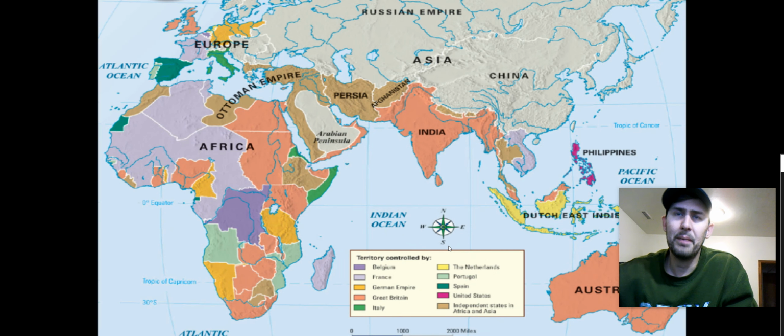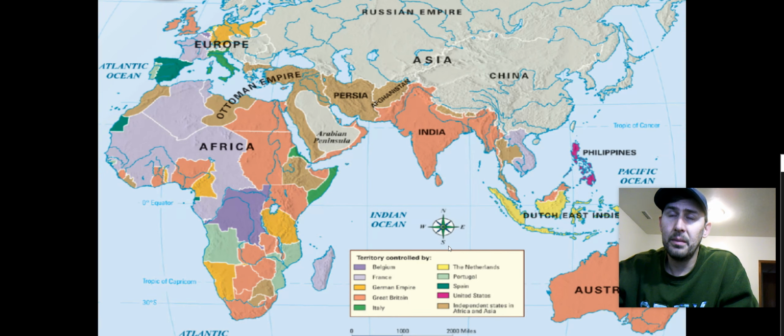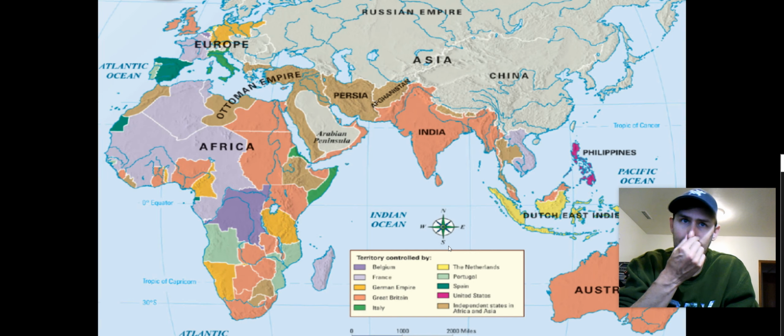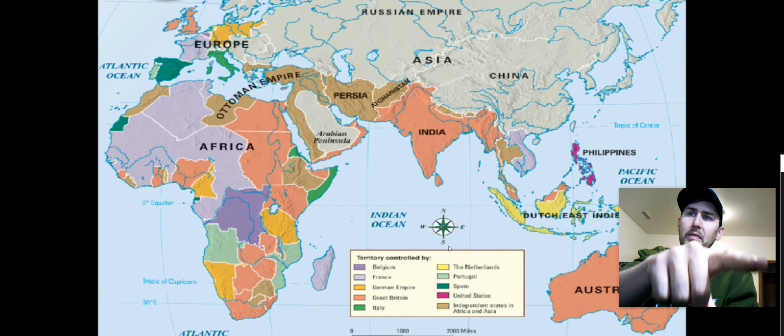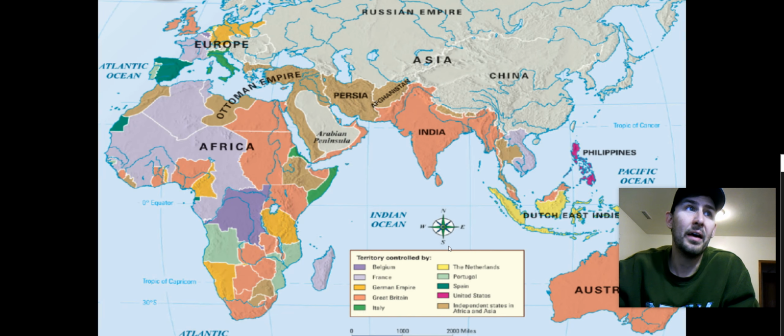So this first map is going to be where imperialism took place in the world. If you look at the key down here, it will show you which countries took over which places.